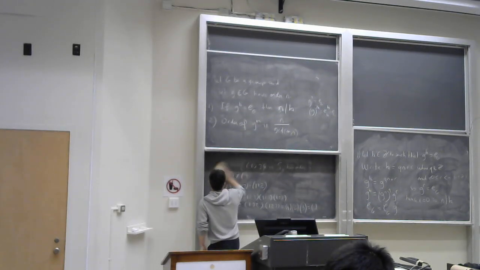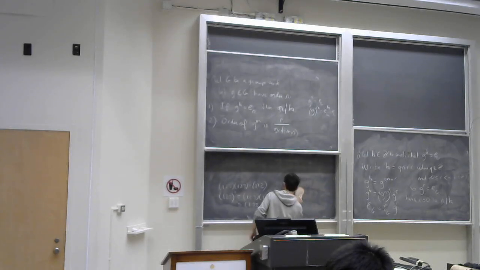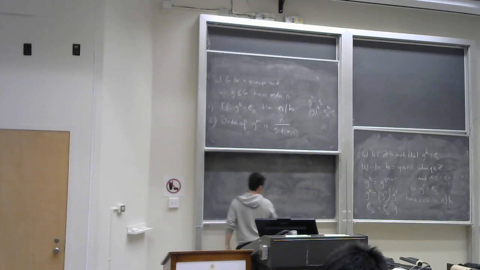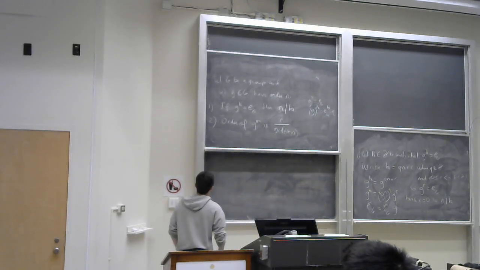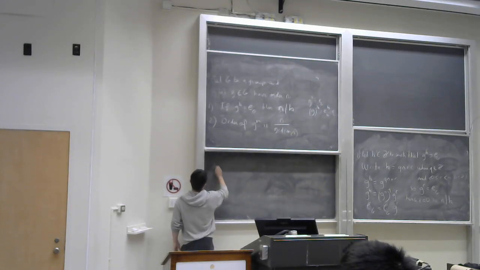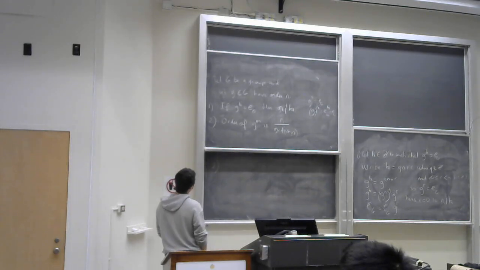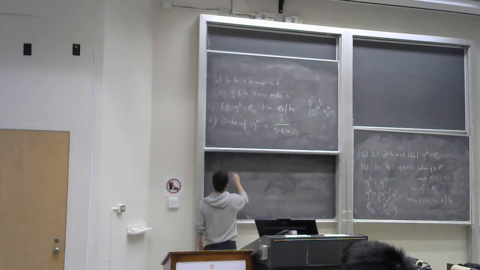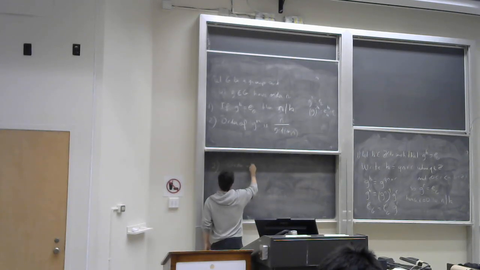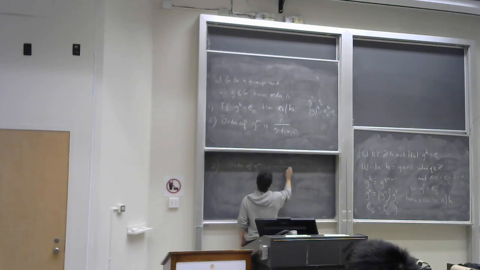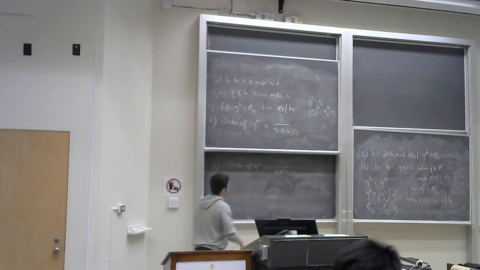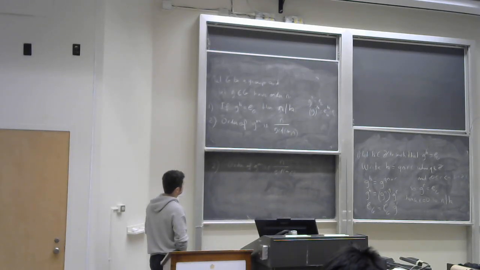Let's prove part 2: the order of g to the m is n over GCD(m, n).